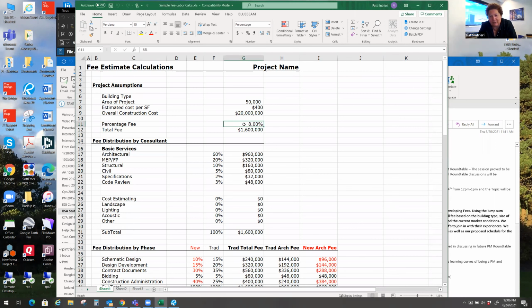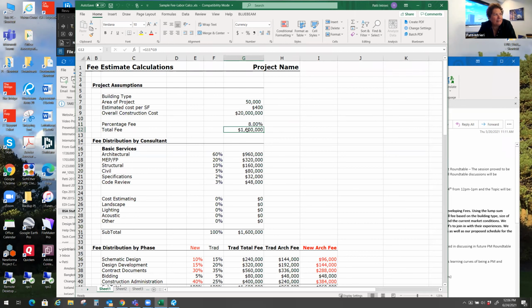Now, this is more or less where the art of this comes in. Depending on what building type it is, that percentage will range. And if you're in a competitive environment, that's where the art piece comes in. It's just, how much can you afford to do the job for and still win it.